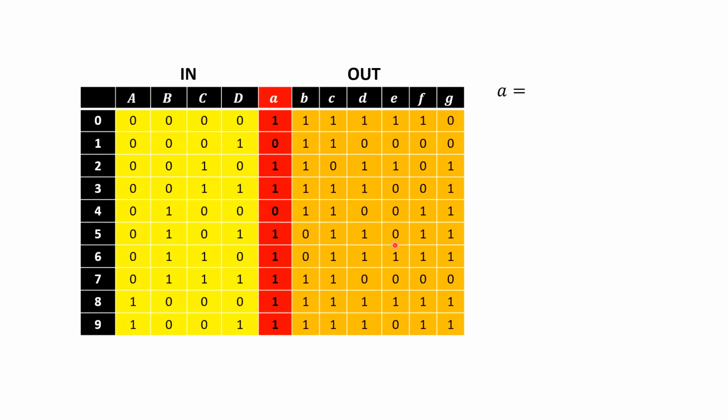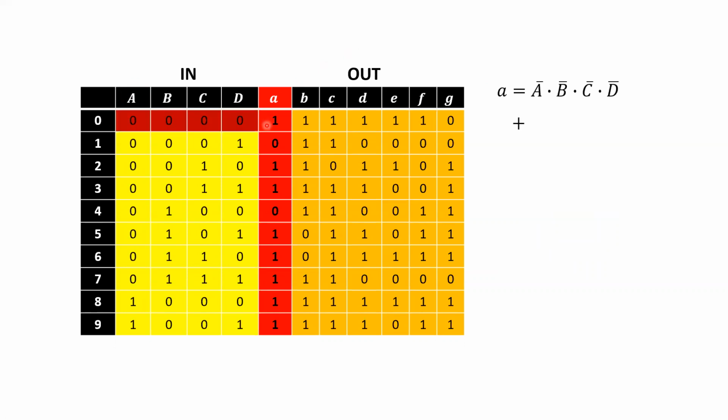Once we've settled on that, let's have a look at the A output and try to write an expression for this. We want to essentially describe in which conditions A is 1, or A is true. That's another way of putting it. For the case where the inputs are all 0, A is true, A is 1.